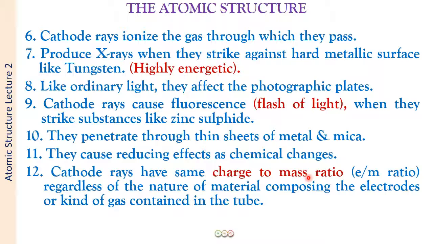And this was very important, that all the cathode rays, whatever the nature of the material of the cathode electrode or the nature of the gas contained in the tube, had the same charge to mass ratio.